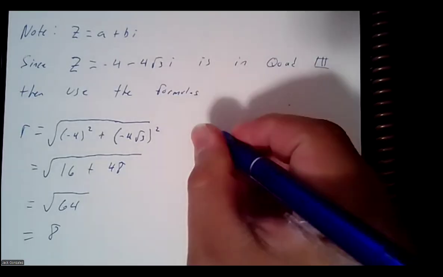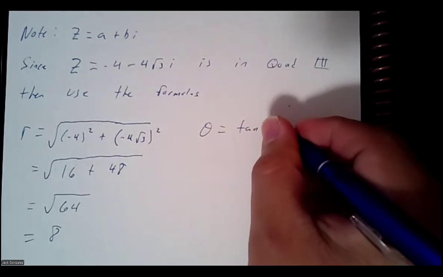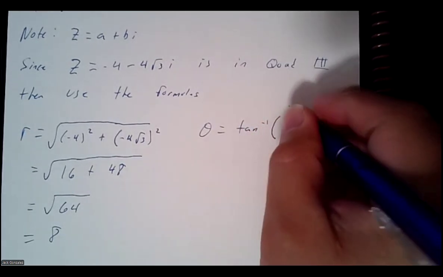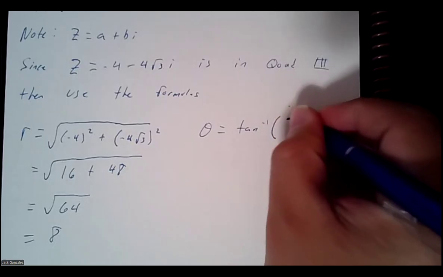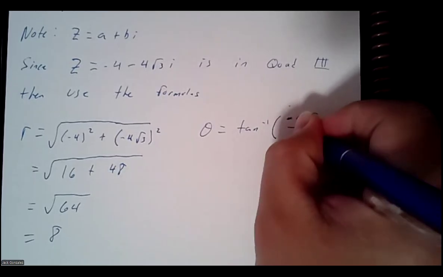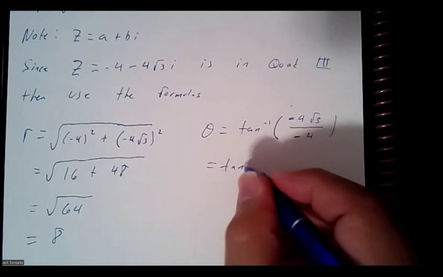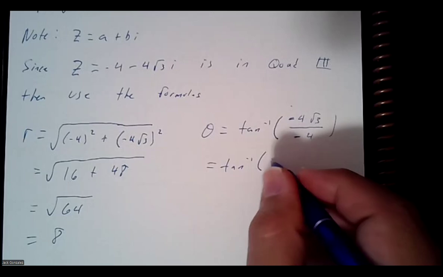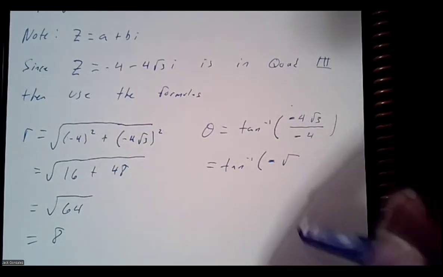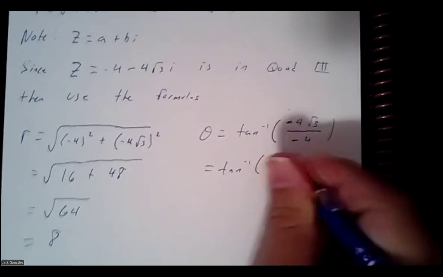Now find theta. We're going to do tan inverse of B over A. Remember, B is this part, the imaginary coefficient, and A is 4. Oops, that'll be positive, double negative. Okay.